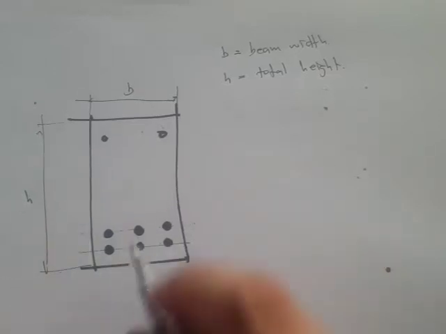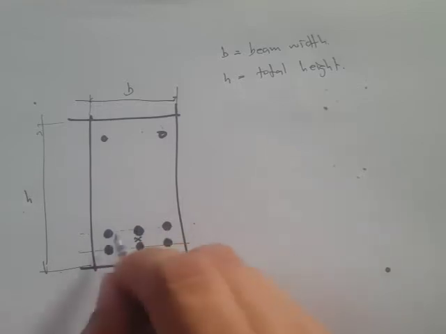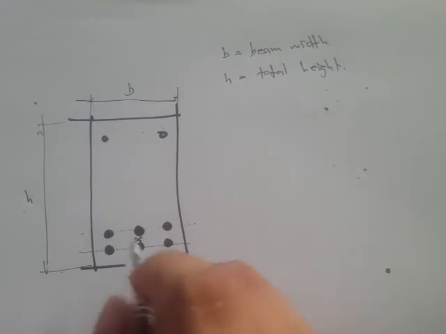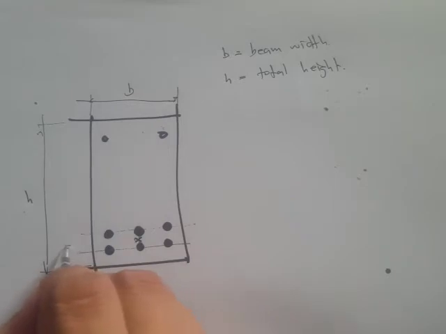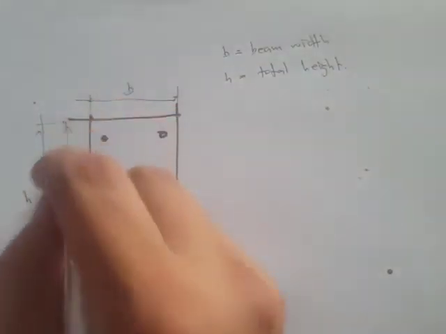But if we have two layers, then we need to have a centroid, which is just the midpoint between the two. If you have the same diameter of bar, same area, same numbers, the centroid would just be at the midpoint. From the centroid to the top face, that's what we call the depth.